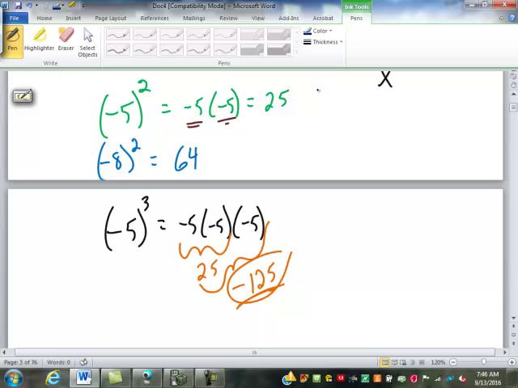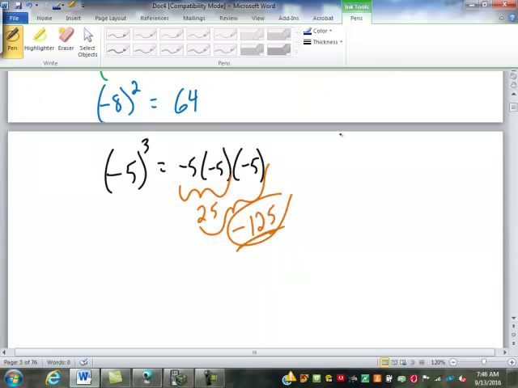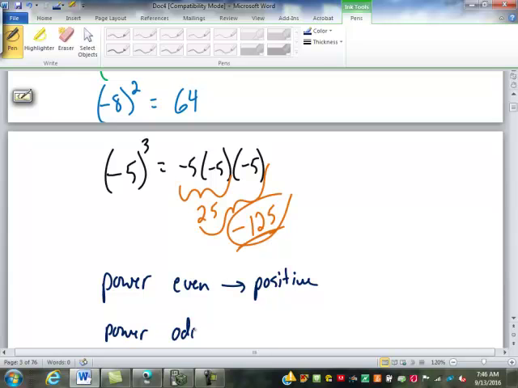A couple of you have said it now, so I'll give in. If the power is even, the result must be positive, always. If the power is odd, then the result is the same sign as the beginning number.